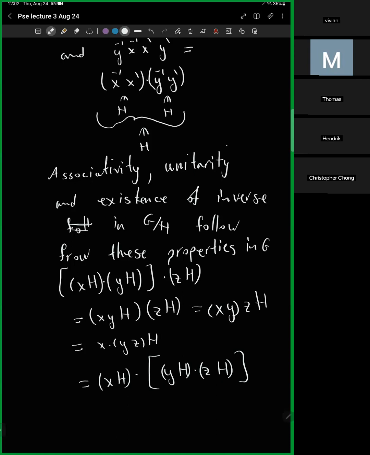Unitarity is in the same way. Of course, xh times eh by definition is x times eh, so it is simply xh. And the existence of inverse: xh times x minus 1 h is going to be equal to eh.